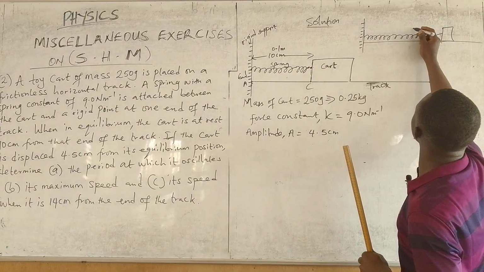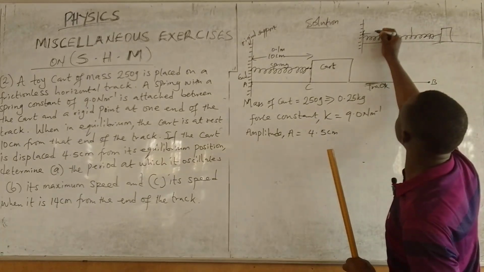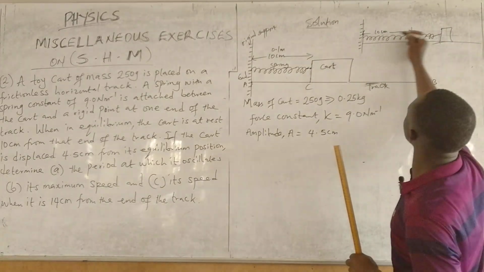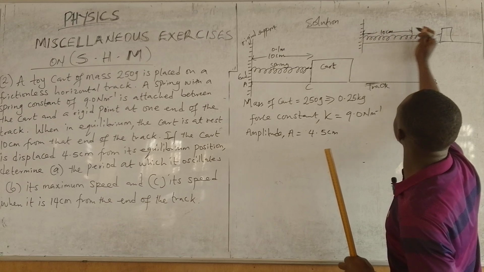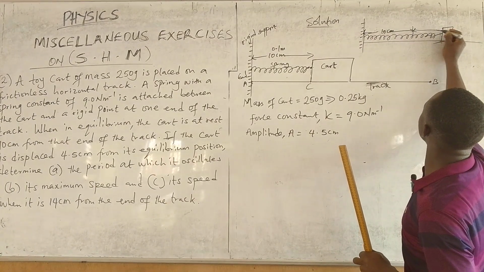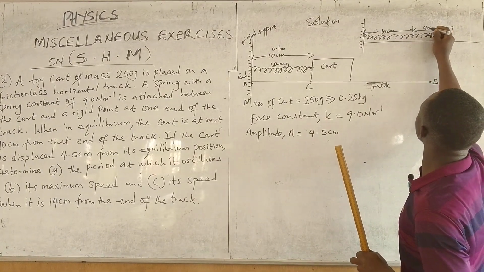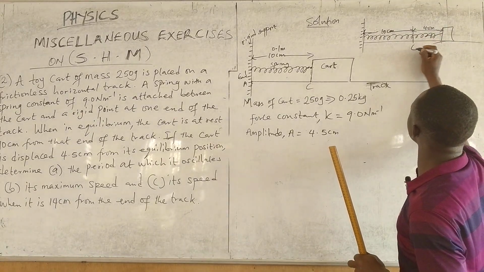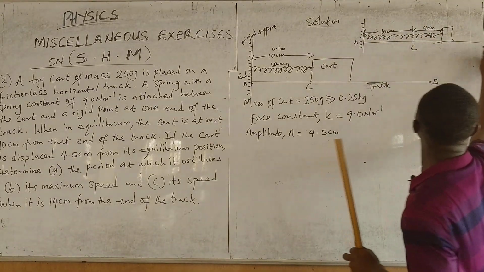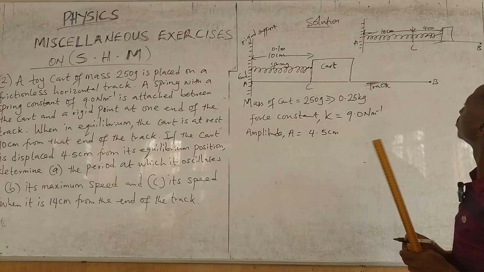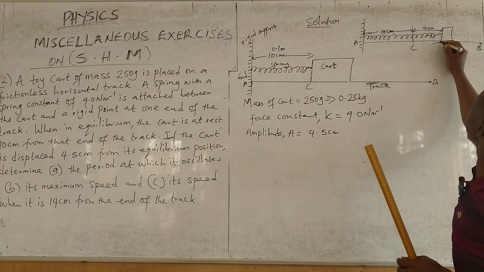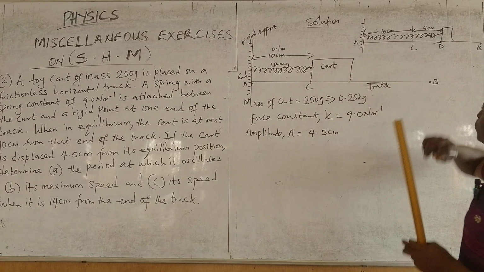Formally here is 10 centimeters, which is the equilibrium position. Now we have displacement 4.5 centimeters. Don't forget here is C, here is A, and then this end B. So should I call it D now?